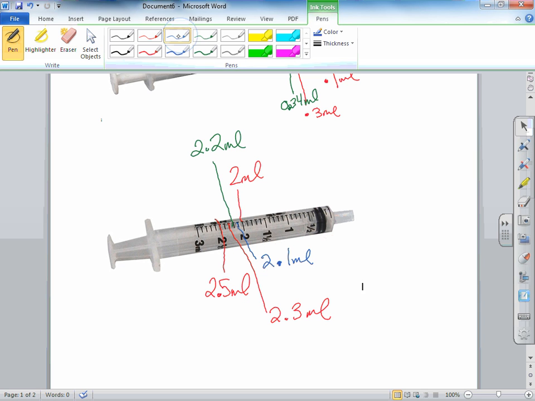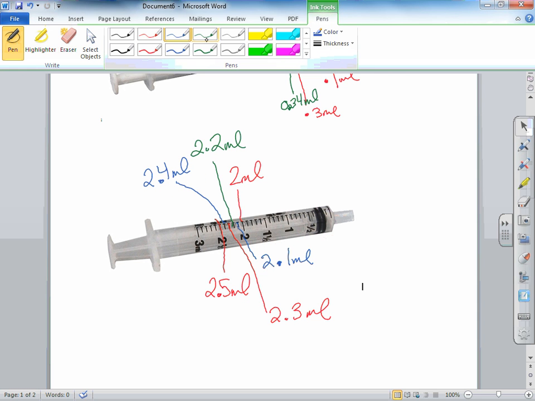The next line after the 2.3 milliliters is 2.4 milliliters. And then the next line after the 2.4 is your 2.5. So the increments on a 3 milliliter is what? 0.1. All right, let's keep going down.